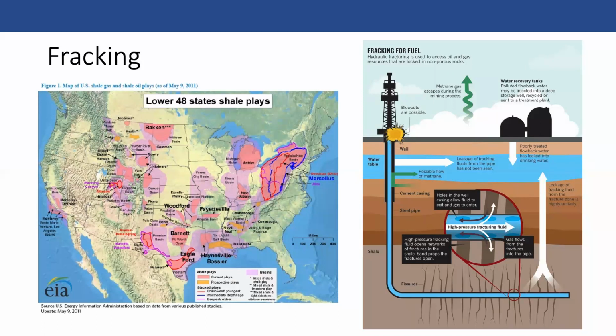The way you do that is you drill straight down into the shale, and then you have these horizontal drills that go out horizontally, and you pump this really high pressure fluid into the hole, which opens up the fractures, and a lot of the gas and sometimes even oil in the shale will flow back through the pipe, and they extract it, right?